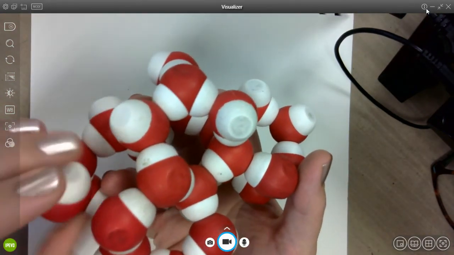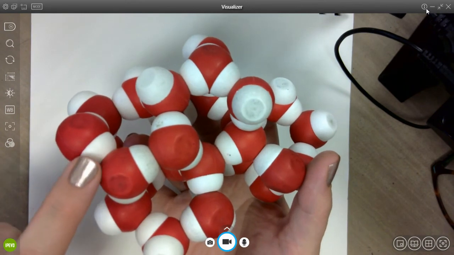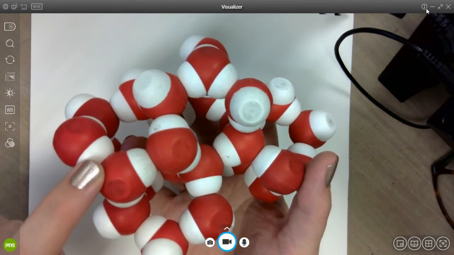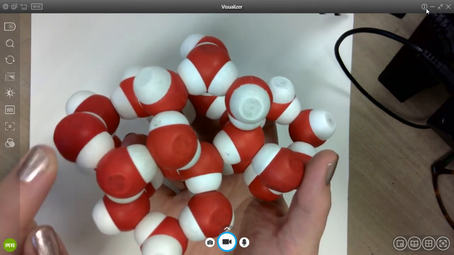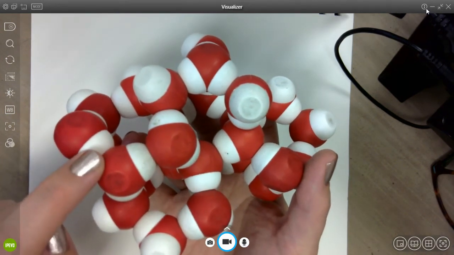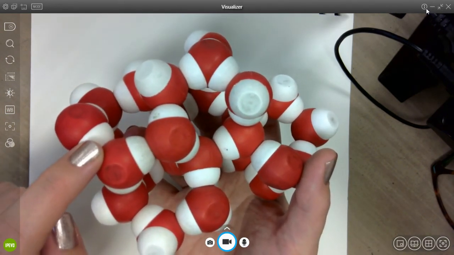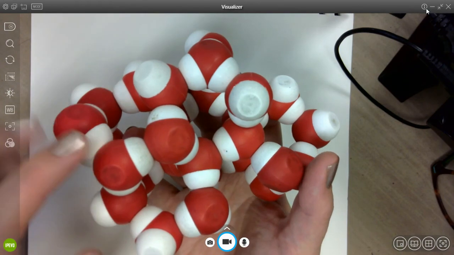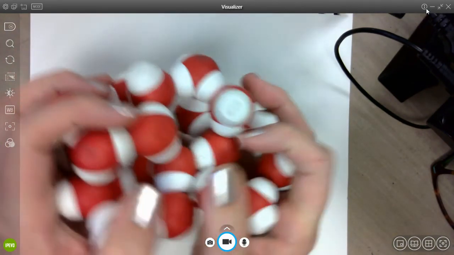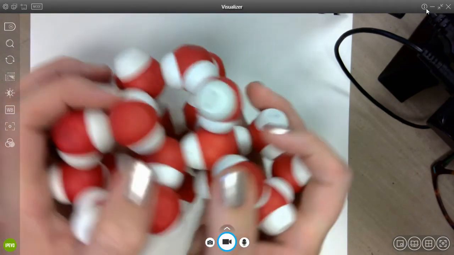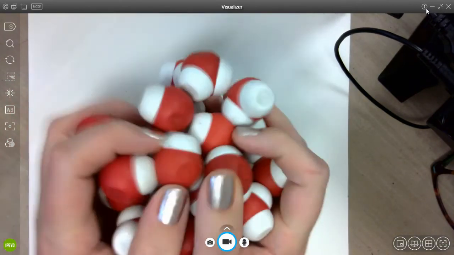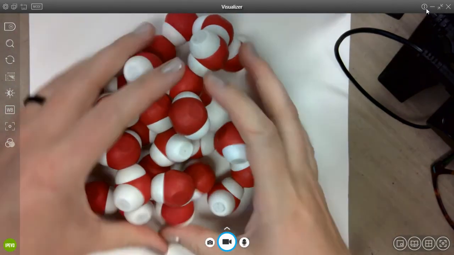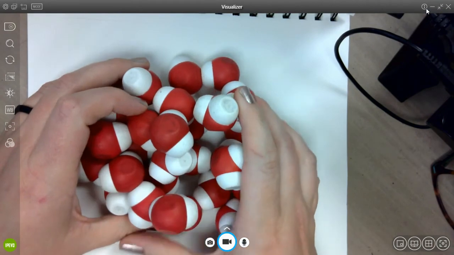Good start here, guys. Each of these magnetic attractions is an intermolecular attraction, or an intermolecular force, that's happening. So this is actually a hydrogen bond. As I approach my melting point, at some point the kinetic energy in these molecules is going to be too much, and my very organized structure is going to fall apart.